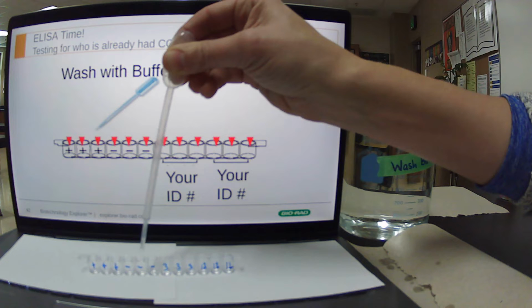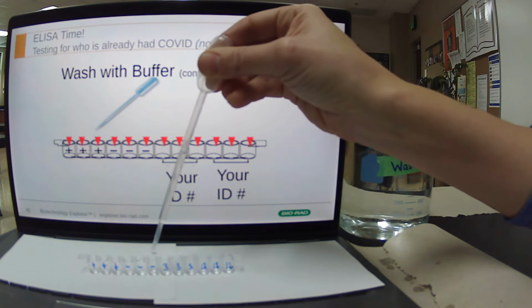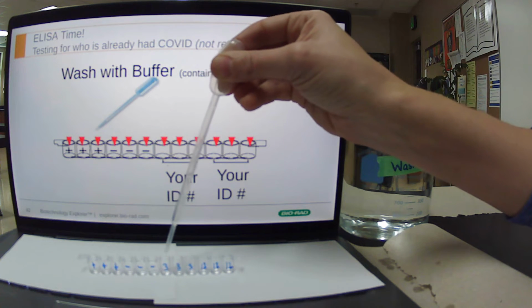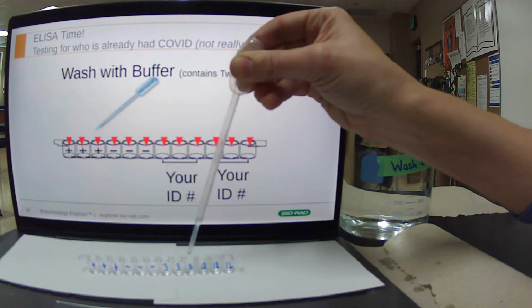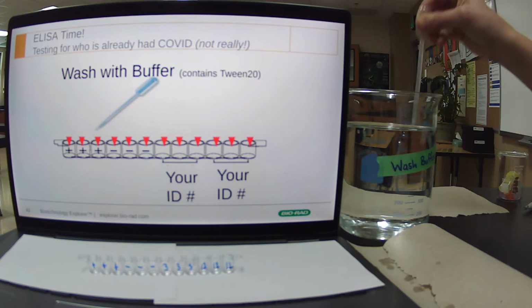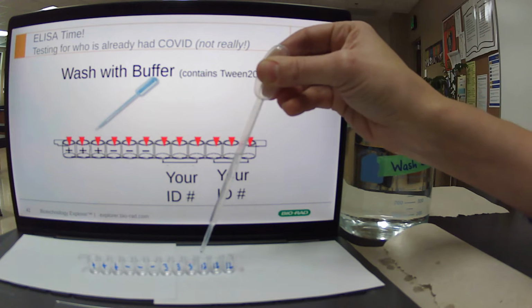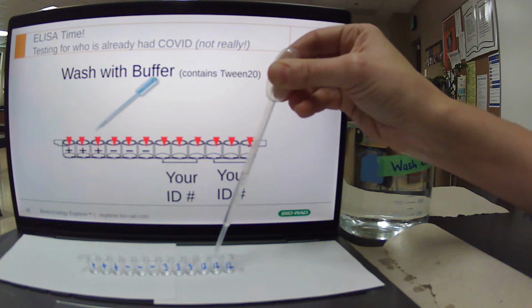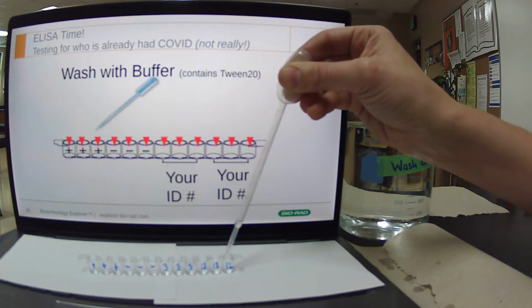Notice that I'm being really careful not to touch my pipette to the wells themselves. So I'm going to fill all of these to wash these out. This is a lab where it's very important to keep everything sterile and make sure you don't cross-contaminate, or it's very easy to get inaccurate results.